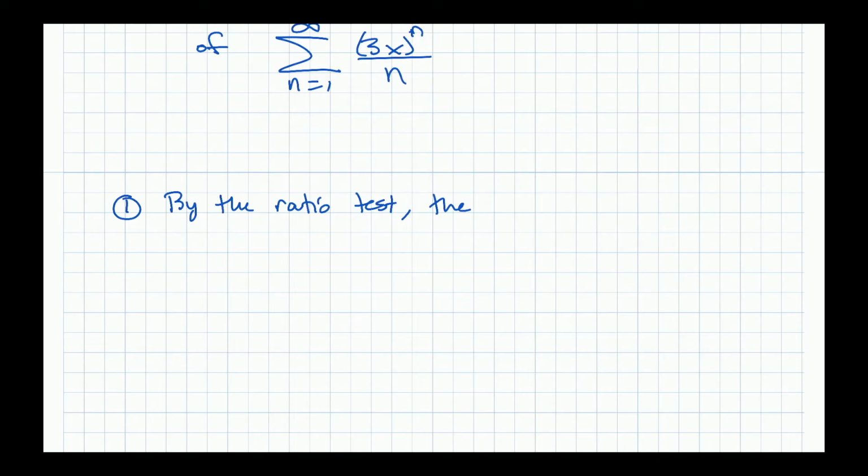Like I know that this is just how you do the interval of convergence of a series. So by the ratio test, the series converges if a certain limit is less than 1. This limit, the limit as n goes to infinity of absolute value a_{n+1} over a_n is less than 1.